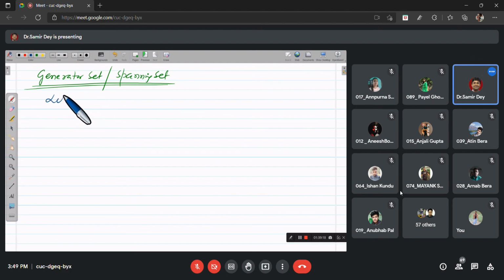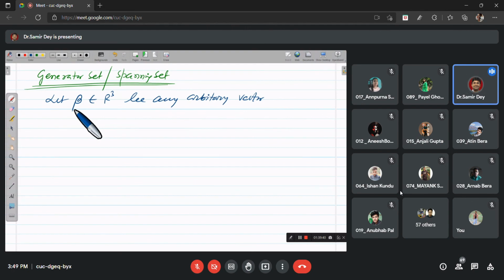Let beta belong to R cube, be any arbitrary vector. Listen carefully. I am taking any arbitrary vector from R cube.